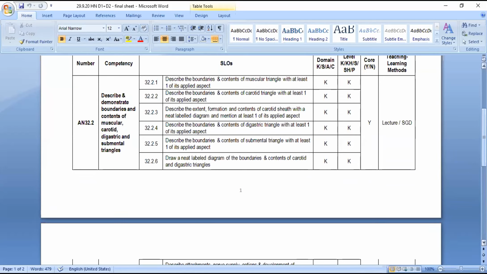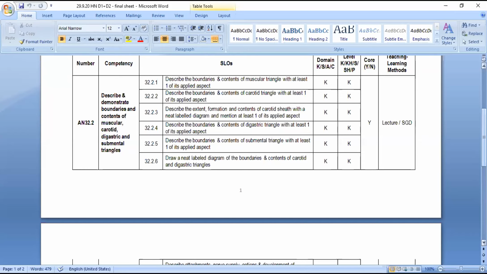So my doubt is, is it required to mention the word contents of muscular triangle? Contents, they must be meaning the muscles, right? All the muscles? Yes, ma'am. Contents of the muscular triangle are the muscles. Floor muscles, it will come under floor. That is the content, no, madam. Yes, there is content.